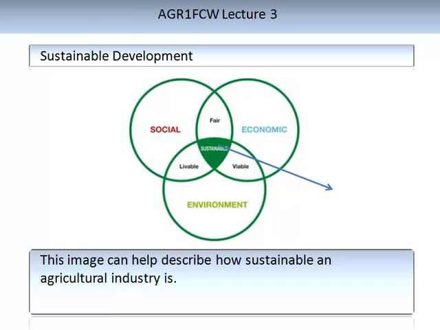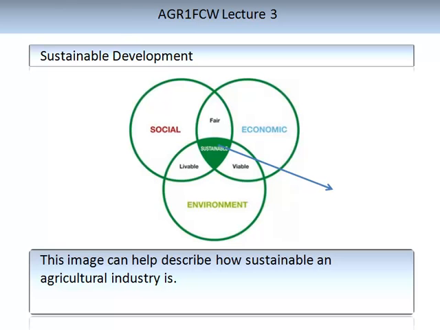An industry may be very sustainable in one era, but a single change, such as a change in the market or consumer preference, or the degradation of land, for example, may move that industry from sustainable to outside the sustainability definition. The blue arrow on the slide of this image is demonstrating that move.